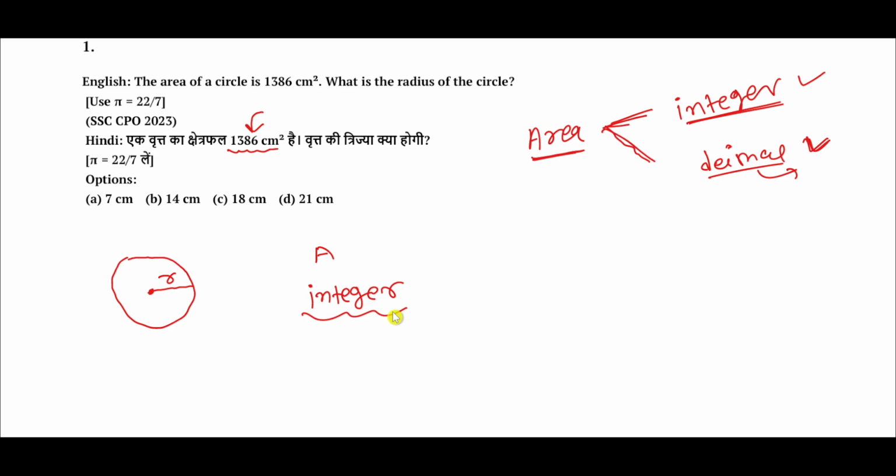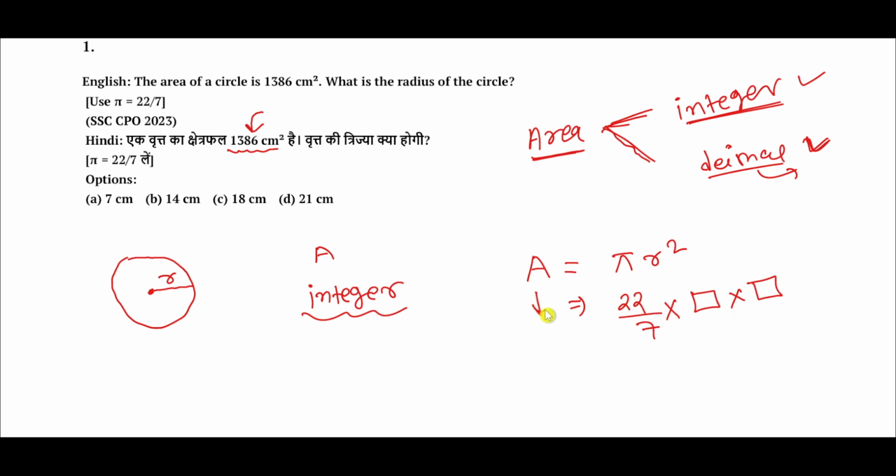When is it possible? You know the area formula is pi r square. You already know the value of pi, which is 22/7, into r here. The box means the radius of the circle, and again the box means the radius of the circle. So I am writing the radius of the circle 2 times here.